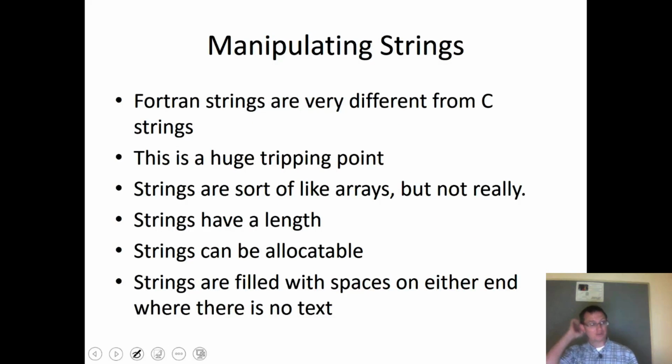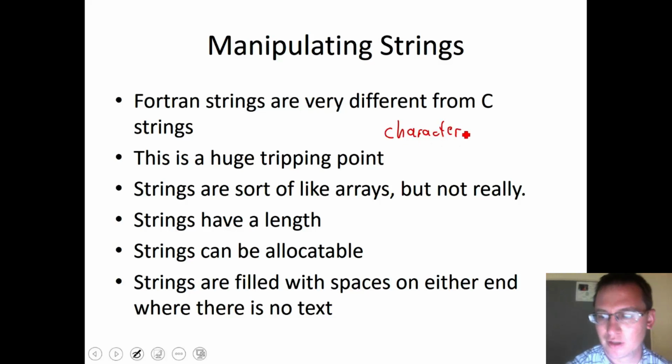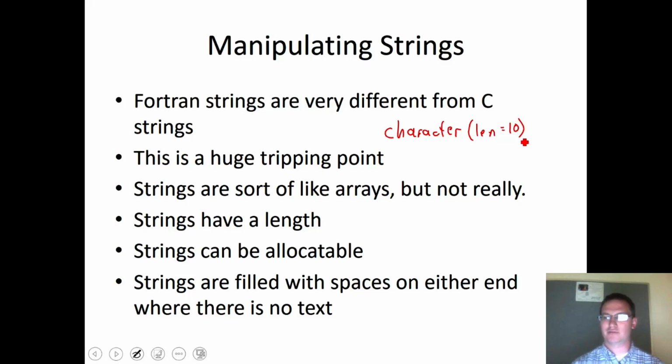Strings. Fortran strings are very, very different from C strings. And this can really get confusing. But they're sort of like arrays, but not really. Because if you have a character variable, you can actually give it a length, at which point you can treat it a lot like an array after that.